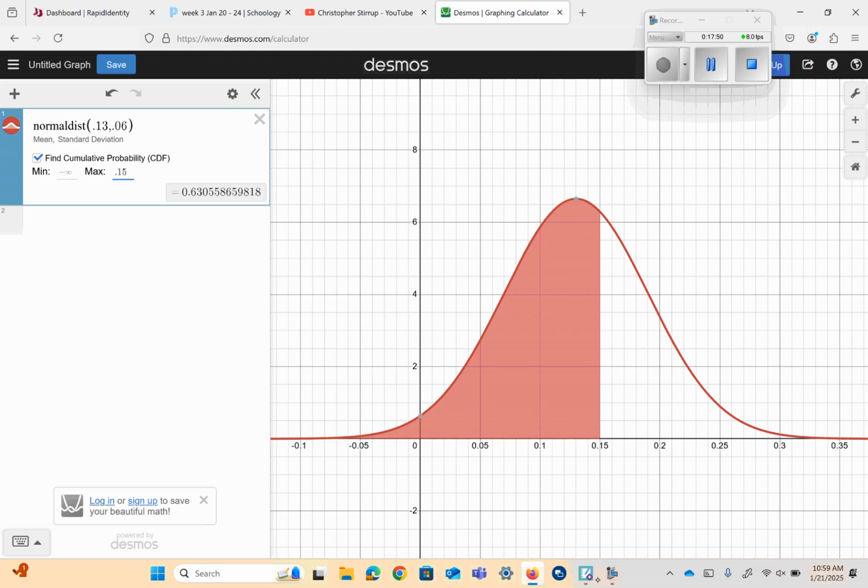I'm off a little bit. So you find the standard deviation and magnify it by 2.5.